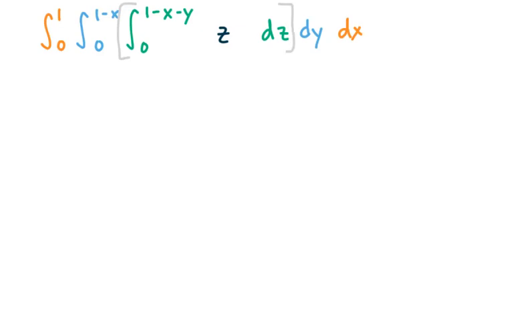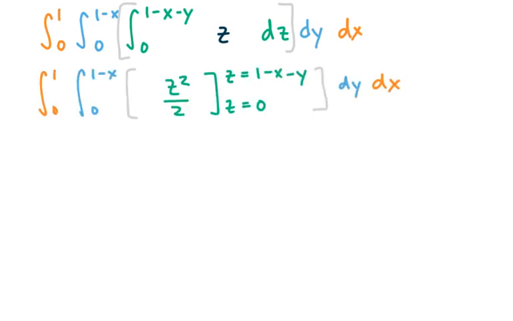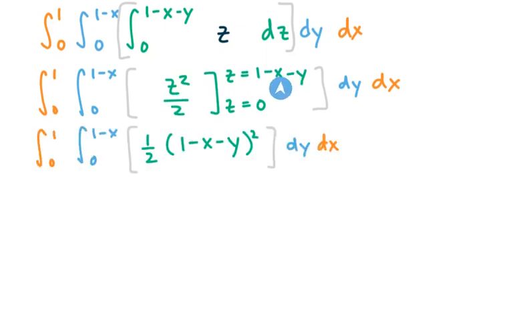Integrating z with respect to z, we get z squared over 2, or 1/2 z squared. So now we have to plug 1 minus x minus y into z, square it, divide by 2, as well as 0. Obviously, we're lucky here because plugging in 0 doesn't give us anything. But we do have some busy work to deal with. So I plug my bounds in.